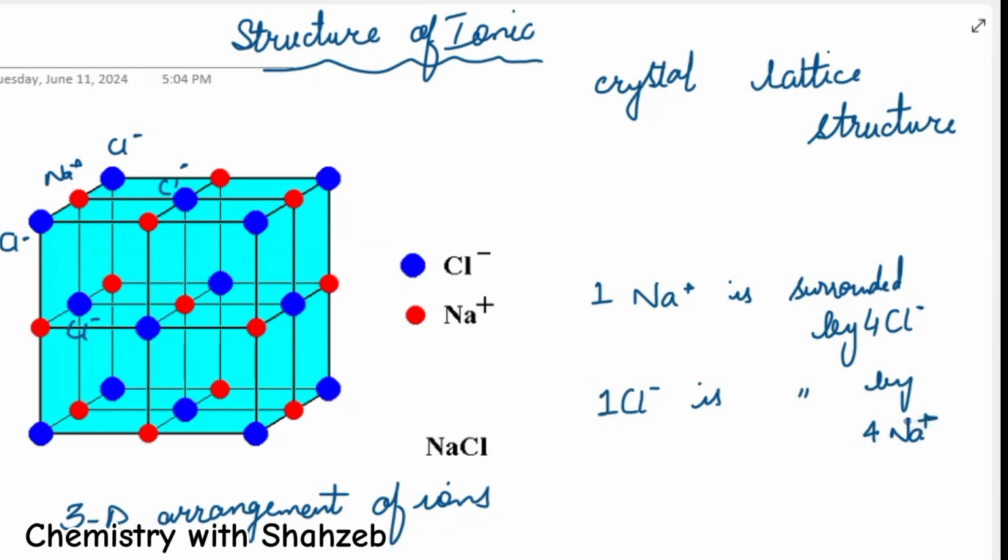So we know that the ratio would become the same. That is why it is having the formula of NaCl.